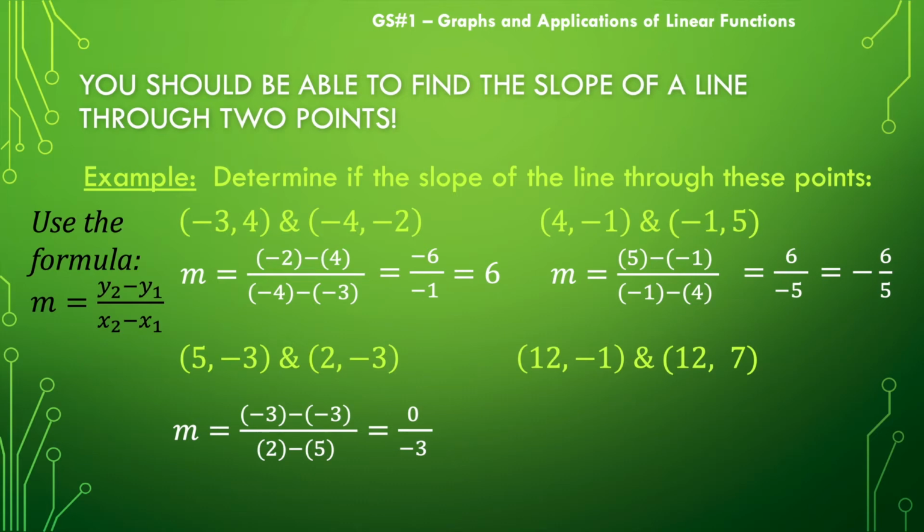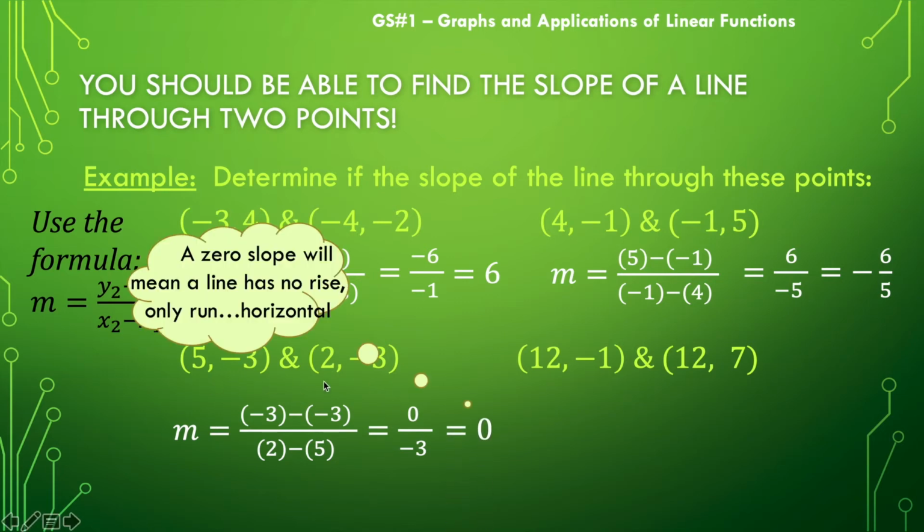And that means no rise, but only run. So in this case, I've got no rise. I'm not moving up at all or down. I'm just running. And so what that means is I have 0 slope, which means that this is going to be a horizontal line.